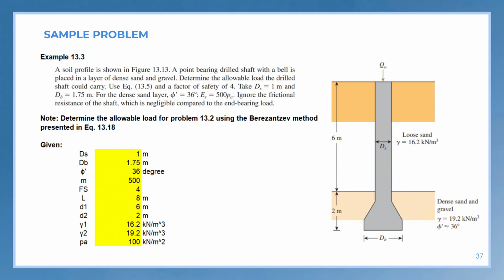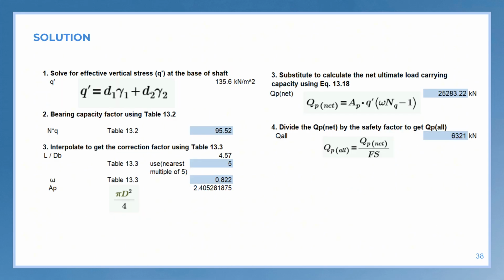The first step is again to calculate the effective vertical stress at the base of the shaft, q prime. Next, the modified bearing capacity factor N asterisk sub q is obtained from table 13.2 using the given soil friction angle, and the correction factor omega is determined from table 13.3 based on the ratio of L over D sub B. These values are then substituted into equation 13.8 to calculate the net ultimate base capacity.